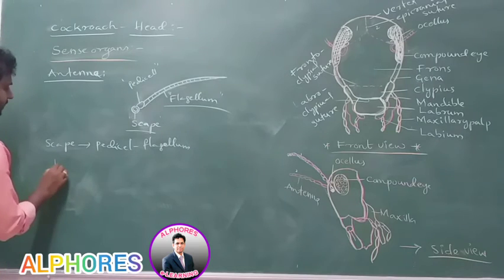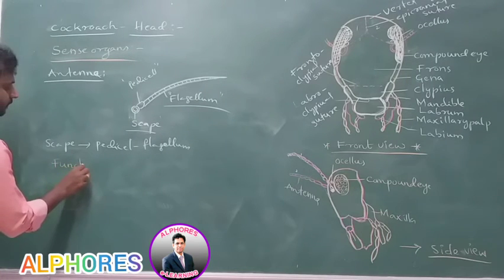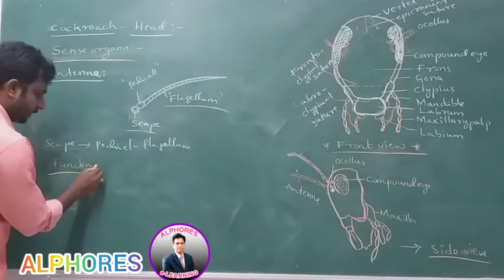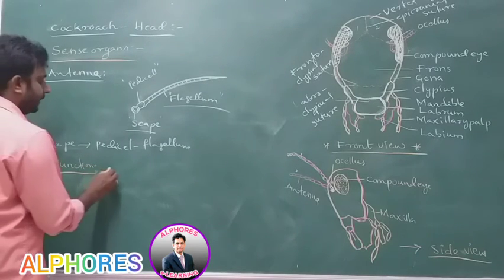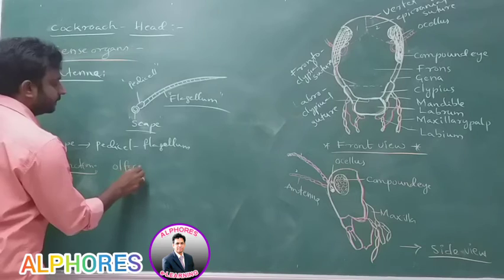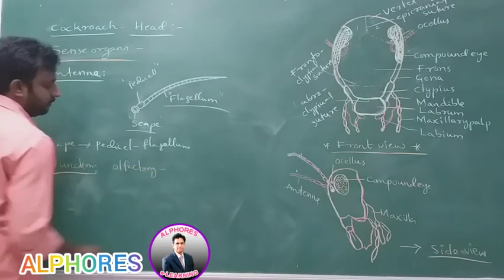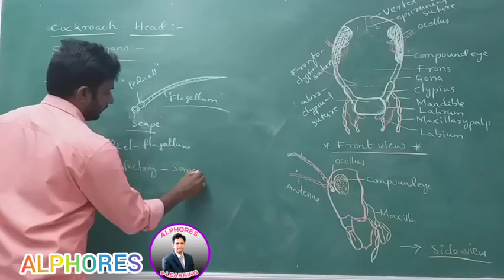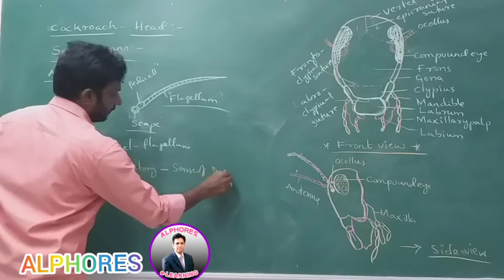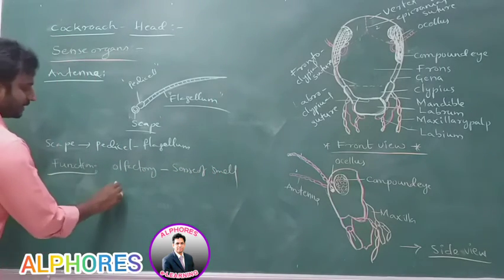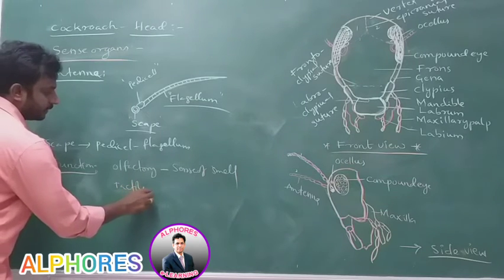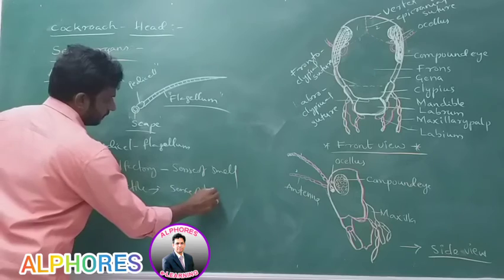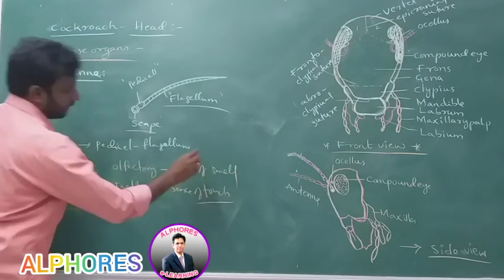What is the function of antennae? The function of antennae is olfactory, identifying the sense of smell, and tactile, the sense of touch.